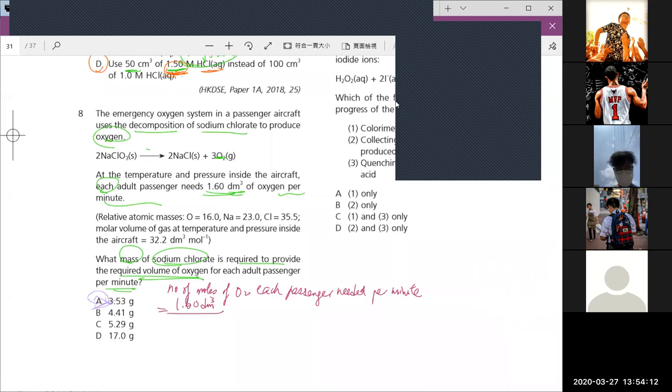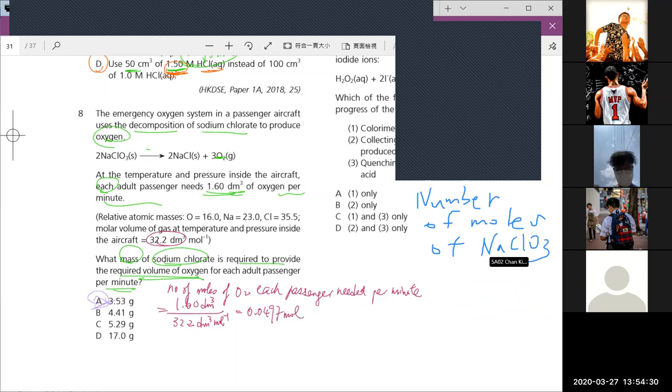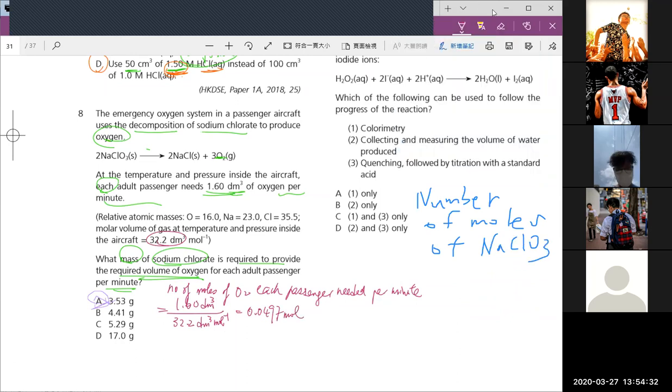This time the molar volume is very strange. It's 32.2 dm³ per mole. It's not 24. Now this is given. And you change it to form 0.0497 mole. Okay, and then what's next?